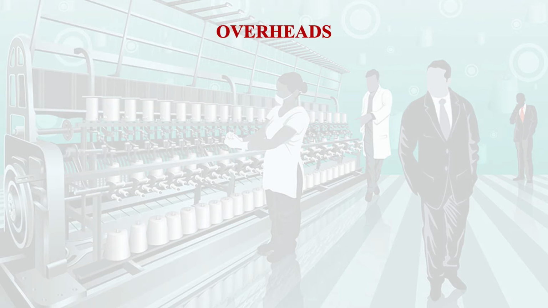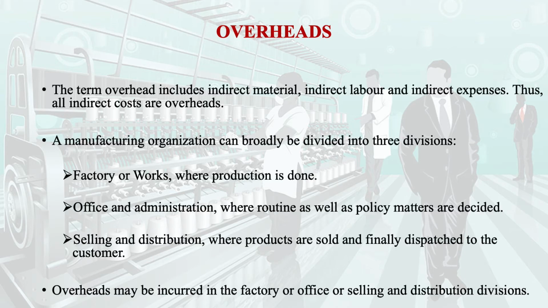Another element is overhead. As the term implies, it is anything which is beyond the direct cost. So all the indirect material cost, indirect labor cost, and indirect expenses will come as overhead.